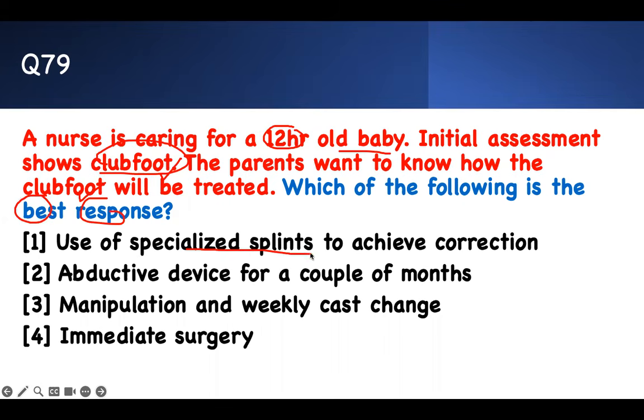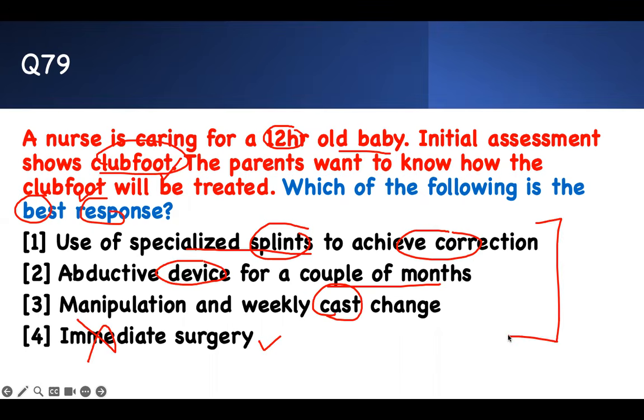Use a specialized splint. Yes, they may need a splint to achieve correction. We use an abductor device for a couple of months. Manipulating and weekly cast, yes. They may need surgery, but not immediately. You do conservative treatment first.